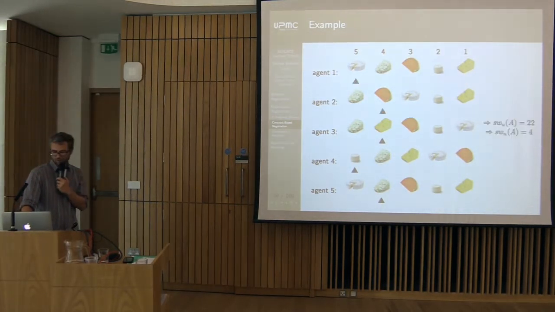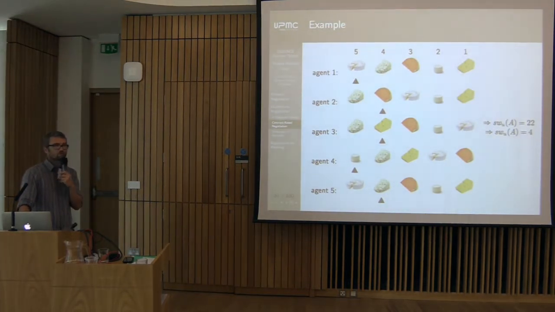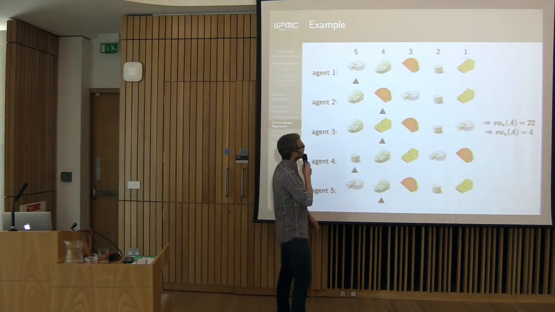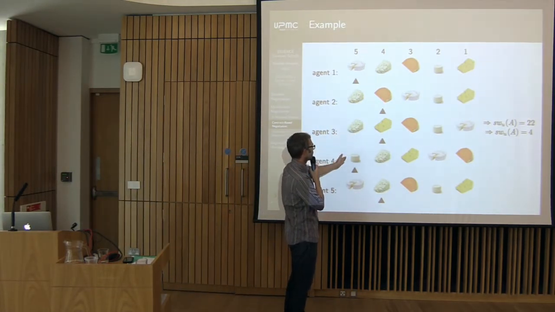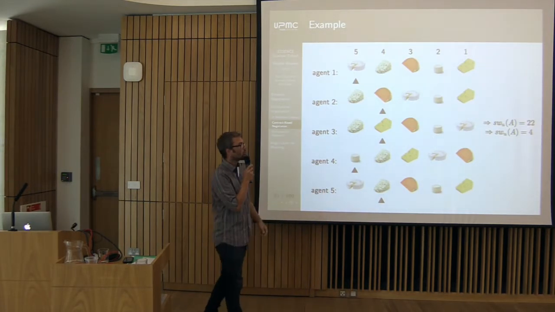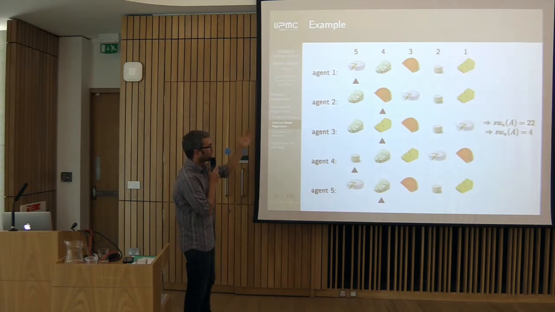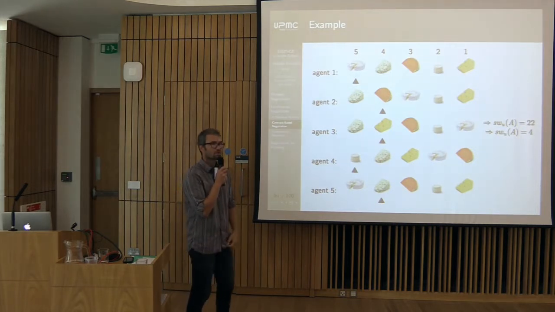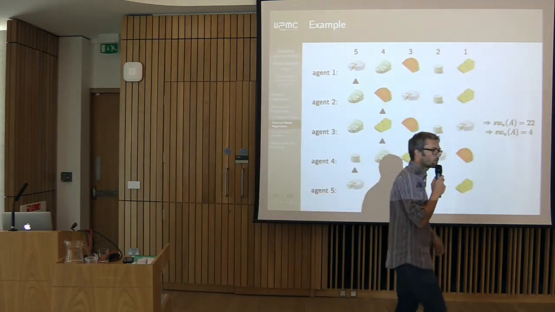And then finally agents 1 and 2 could also do the same, leading us to a stable allocation. So this is stable. Why? Because you don't have any more possible swap deals between two agents. You can check it. I will not do it, but it's obvious. They almost all have their preferred cheese. So it looks like a good protocol.